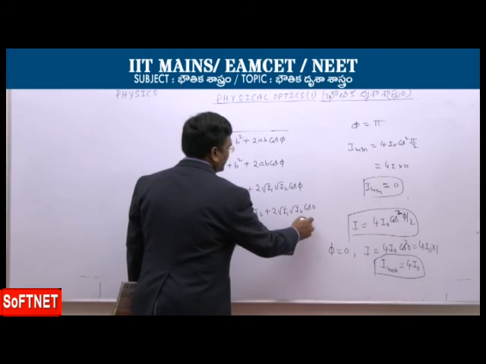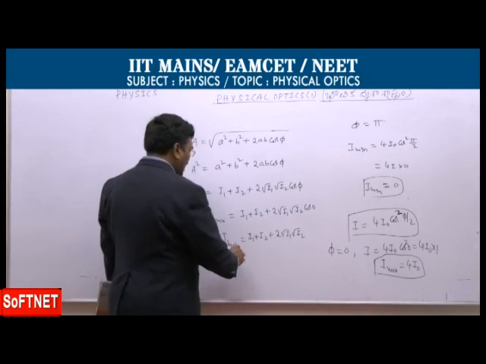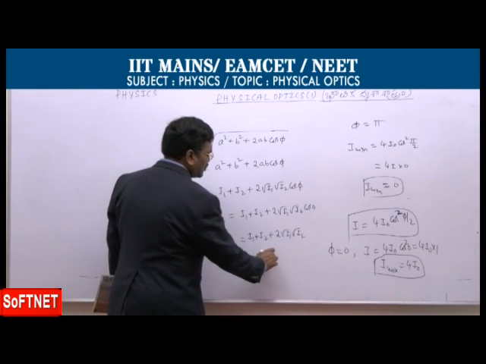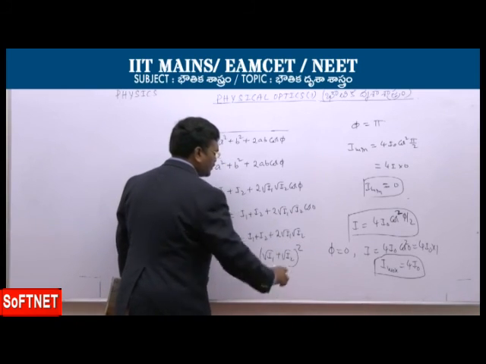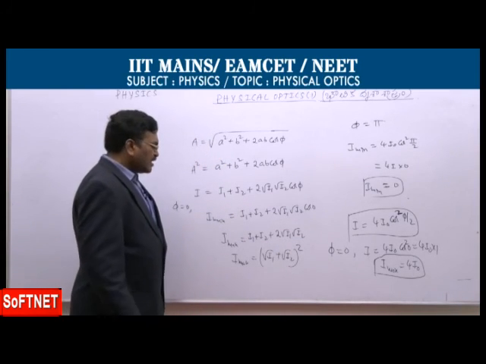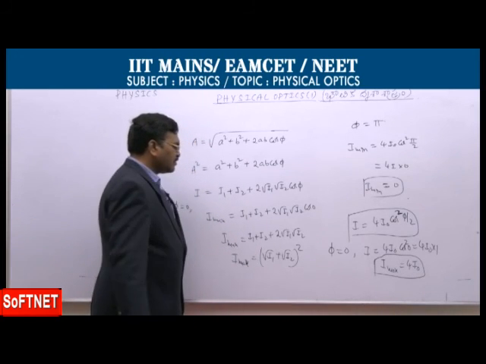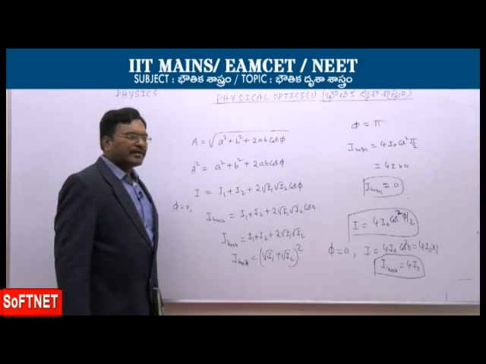Cos 0 is 1. So, what do we write now? I maximum is equal to root I1 plus root I2 whole square.